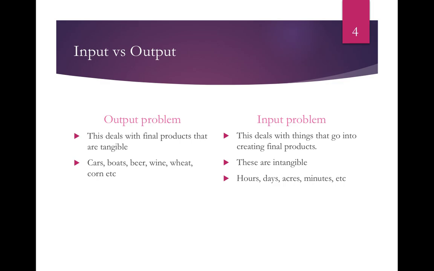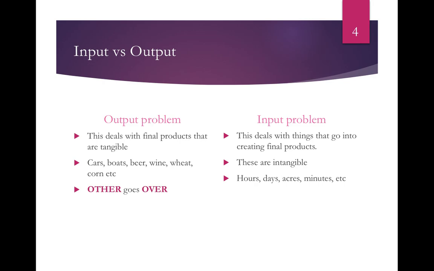So these are the two types of problems. How do we go about solving these? Well, there's a couple of mnemonic devices, or there's really only one. The other one is sort of the opposite. If it's an output problem, we say that other goes over. An easy way to remember that: output starts with an O, other starts with an O, over starts with an O. I'll explain what I mean when we talk about other and over.